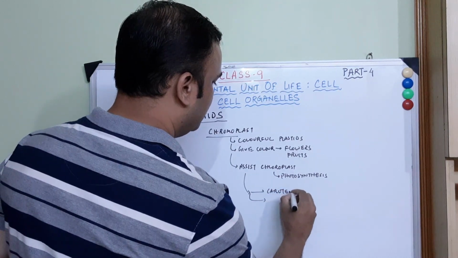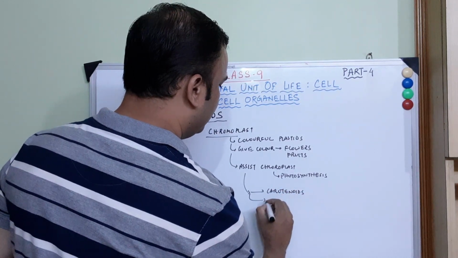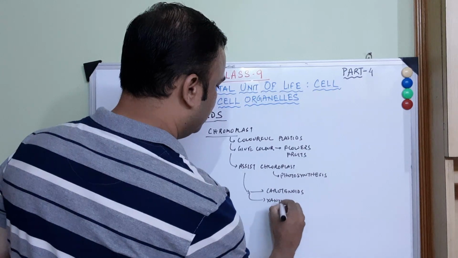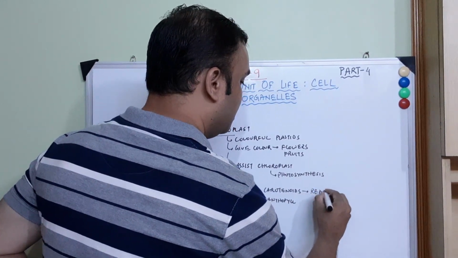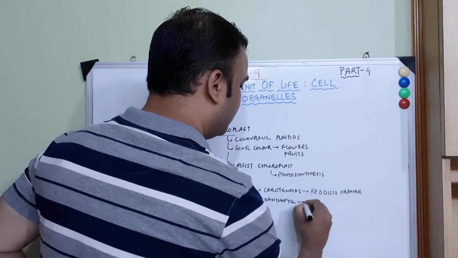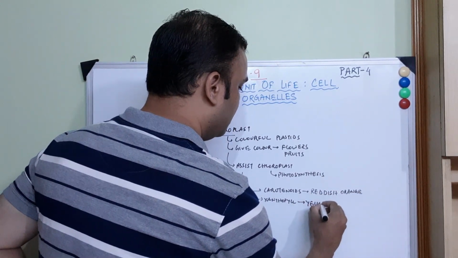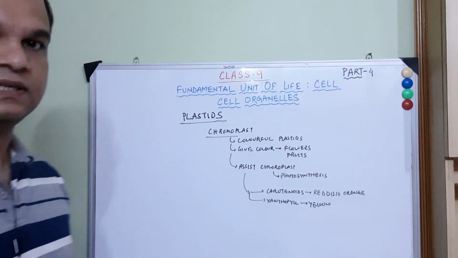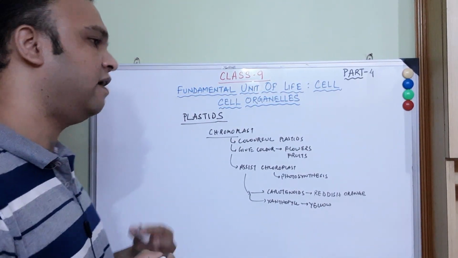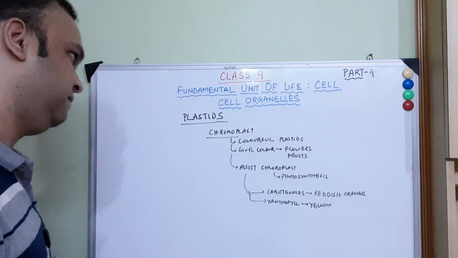These pigments are called carotenoids and xanthophylls. Carotenoids are reddish orange in color, whereas xanthophylls are yellow in color. They help the chlorophyll to perform photosynthesis in a much better manner by trapping more sunlight.